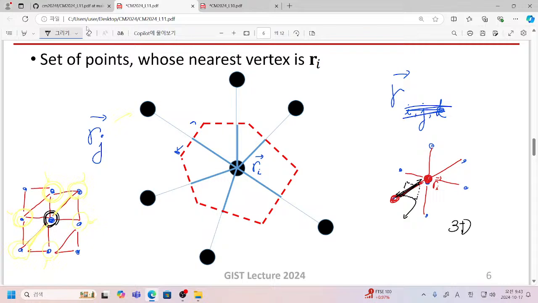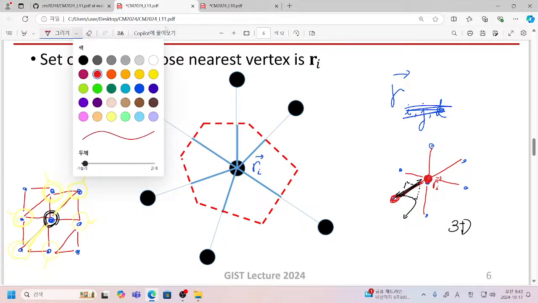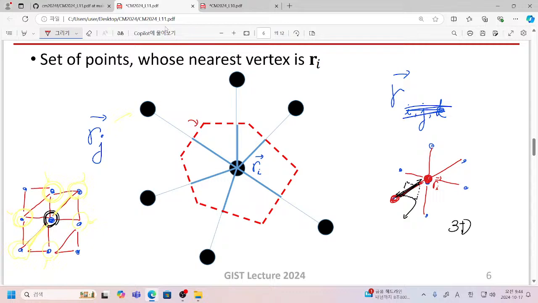But let me just come back to our 2D case. Then how can we obtain this length? Who decides this length? Why do I draw this small domain in that way instead of this way? For example, you may ask me, is this unique or not? Why is the domain assigned for r sub i, typically called omega sub i, drawn in that way?